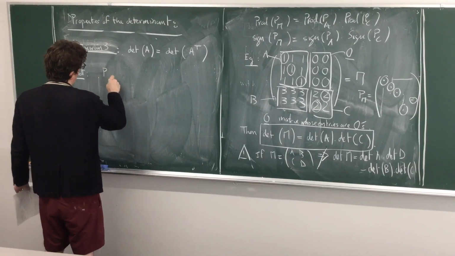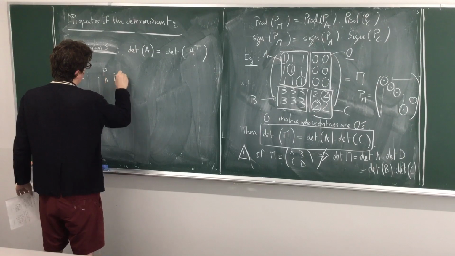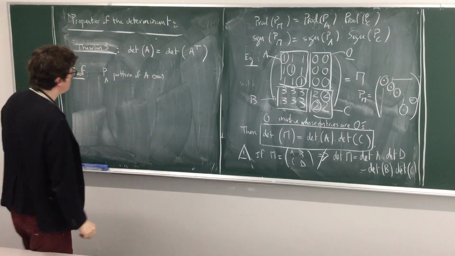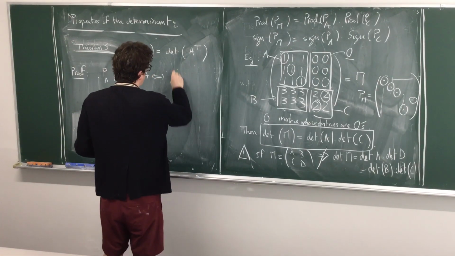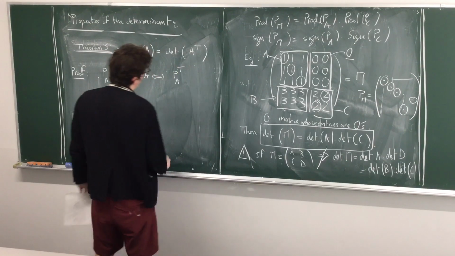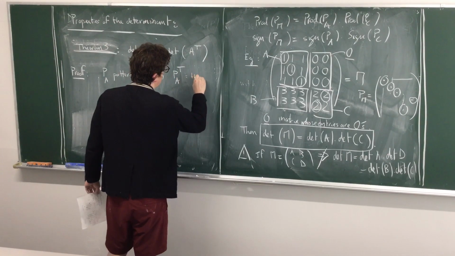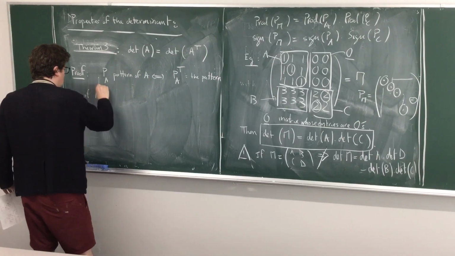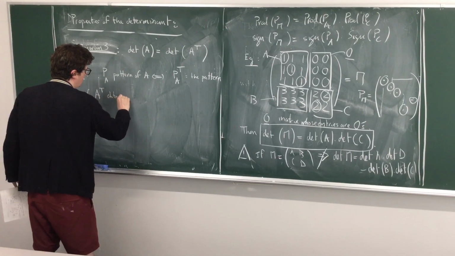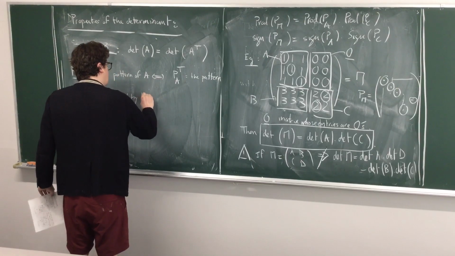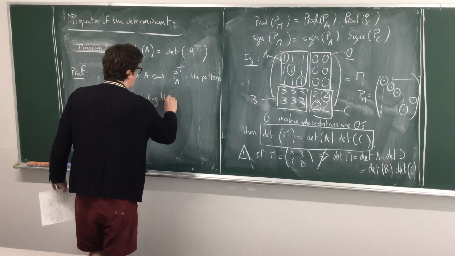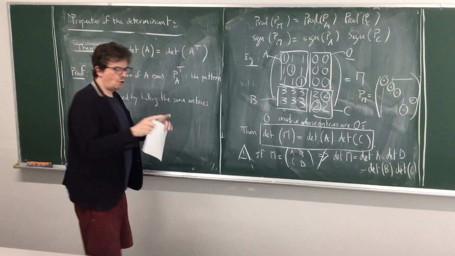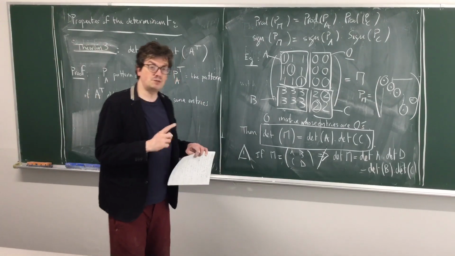Let's take PA, a pattern of A. Then it is equivalent to show that PA transpose, the pattern of A transpose, obtained by taking the same entries. Of course, because you transpose, the position of these entries will be different.